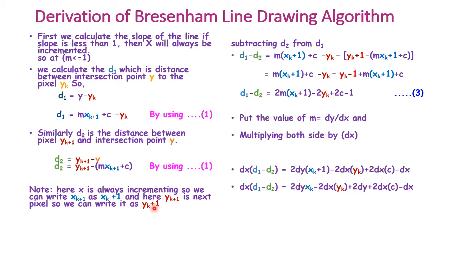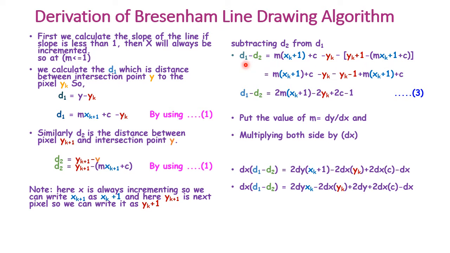Now we have to decide which distance is smaller. For that we have to subtract d2 from d1. So after subtracting d2 from d1 we get equation as m into bracket xk plus 1 plus c minus yk minus in bracket yk plus 1 minus m xk plus 1 plus c bracket complete.